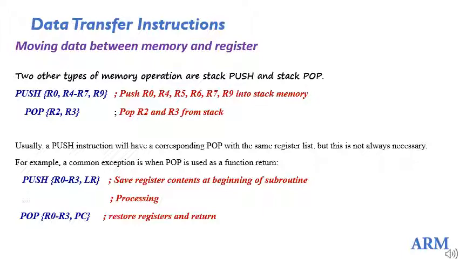So the link register value is loaded into the program counter, so that the next instruction after the subroutine call is executed next. So this is an exception to the rule that the push instruction will always have a corresponding pop instruction. Sometimes it is not true.